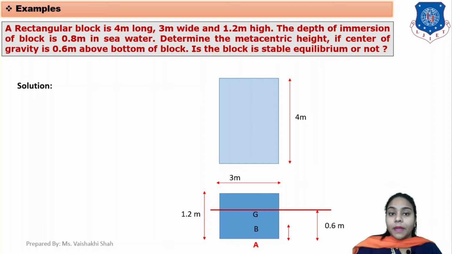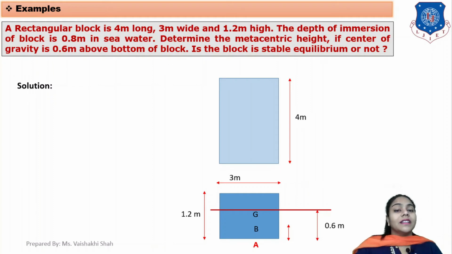Now remember this: at the center of a rectangular body, total height divided by 2 gives you the center of gravity, which is point G, and immersed height divided by 2 gives you the center of buoyancy.